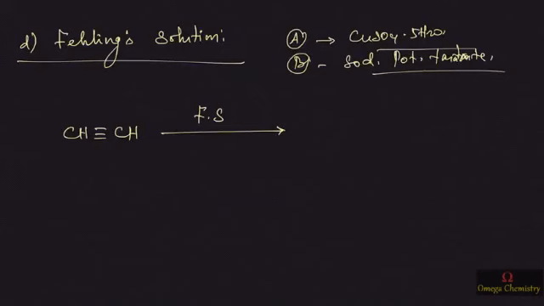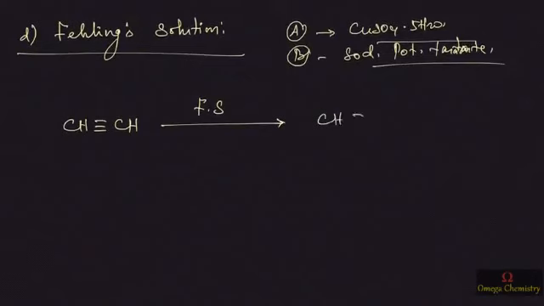It can be used to identify carbonyl compounds predominantly, but here it is also used to identify the alkynes, right? So when ethyne or terminal alkyne is added with the Fehling solution, we get copper acetylide. Copper acetylide will look like this. Okay, this hydrogen again will be removed and you will get this compound.